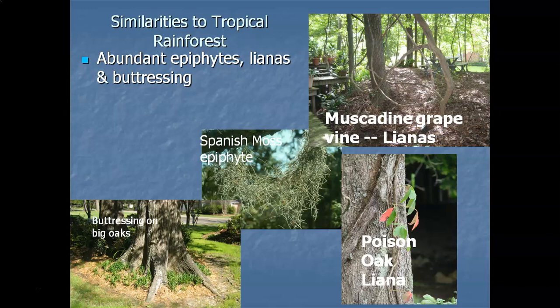We're really a subtropical rainforest. Just like we had mentioned, if you think of Louisiana, we have abundant epiphytes. Probably our most famous epiphyte is Spanish moss. Plants attached to the trees, and then there's ferns growing and other types of moss and lichen, very, very common around here. Now, lianas, remember those are woody vines?